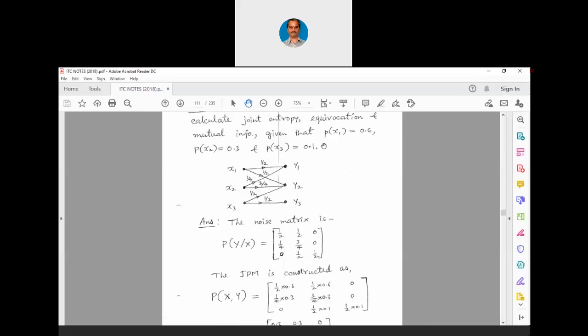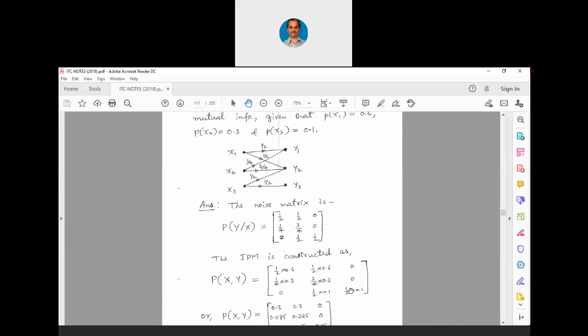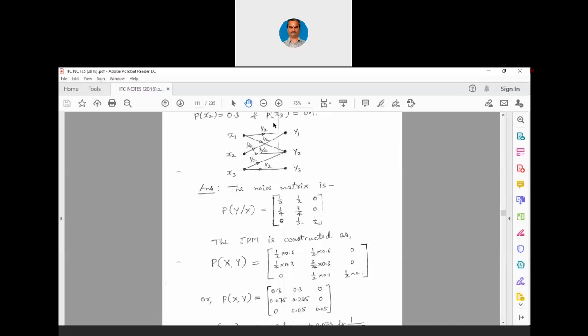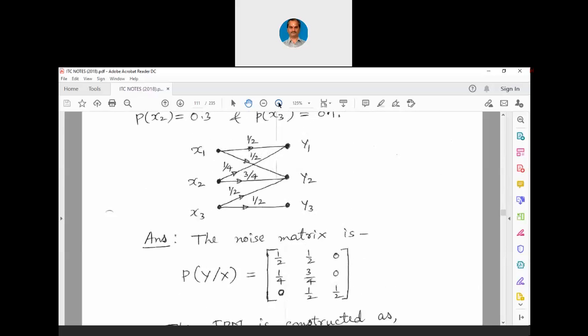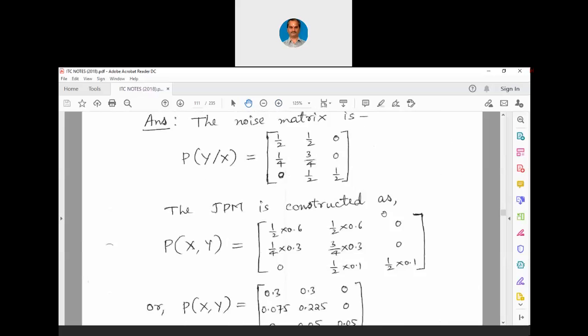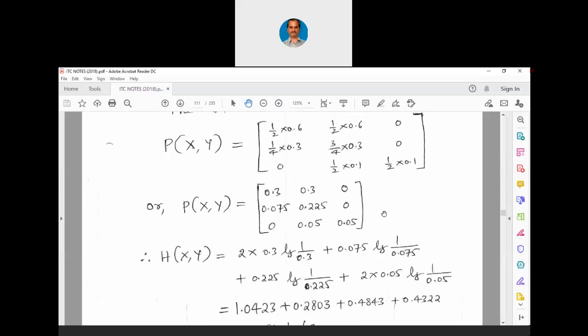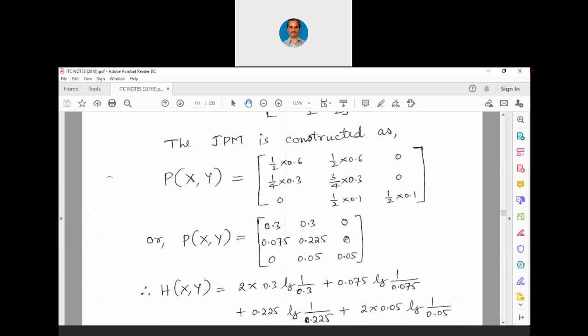That way we have the JPM now. Let me zoom out so that you can clearly see this. Now I have this P of x comma y: 0.3, 0.3, 0, 0.075, 0.225, 0, 0, 0.05, 0.05.